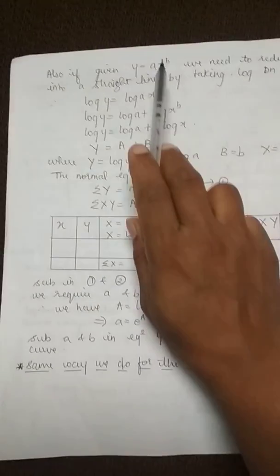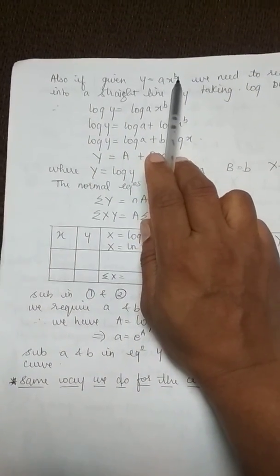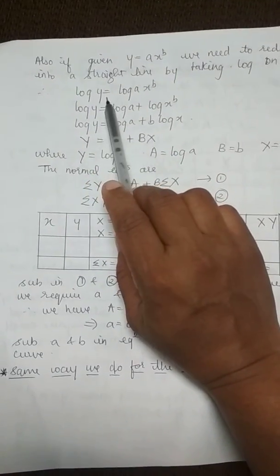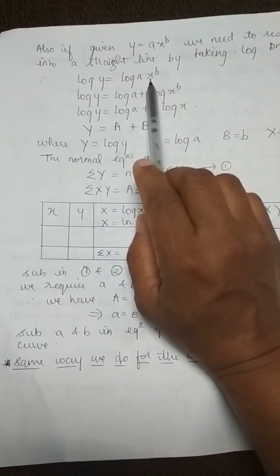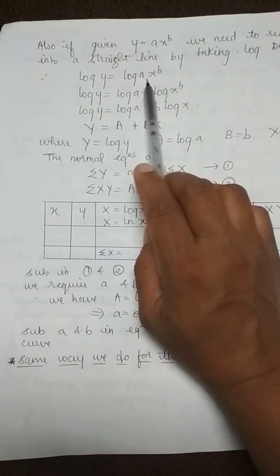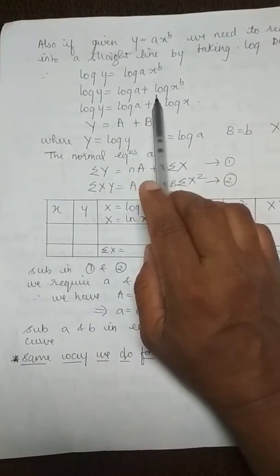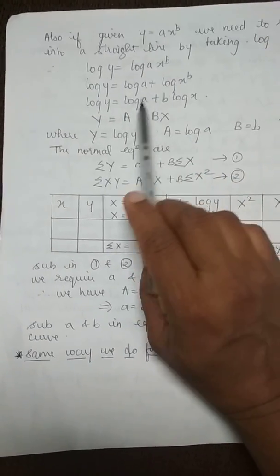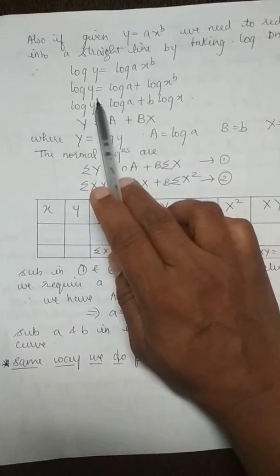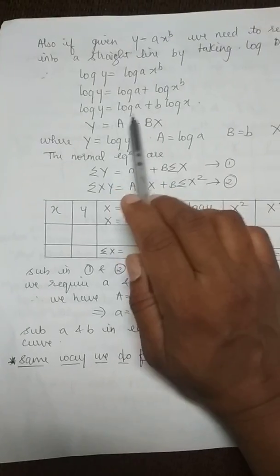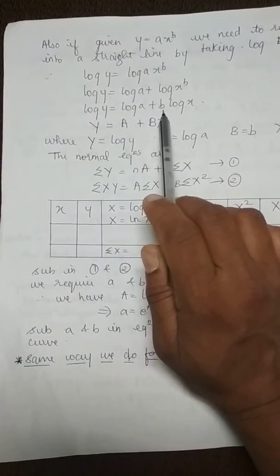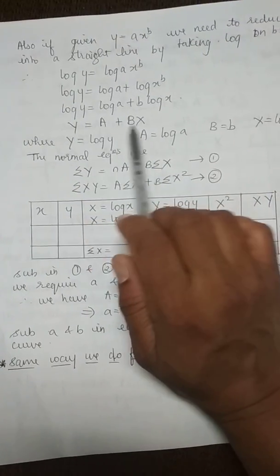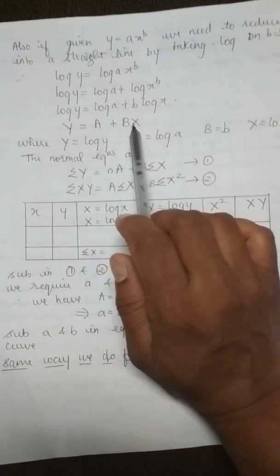Suppose given y is equals to a into x raised to b. Taking log on both sides, log y is equals to log of a into x raised to b. Log a into b property, log a plus log b. Again log a raised to m property. Taking the substitution, log y as capital Y, log a as capital A, small b as capital B and log x as capital X, which turns out as the equation of a straight line.